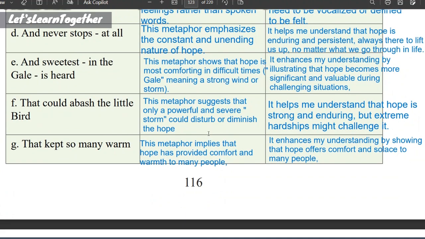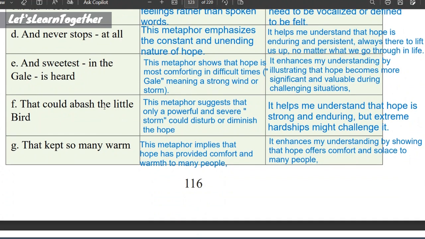The number F is "that could abash the little bird." This means that hope, even though it is something very powerful and not easily challenged or diminished, can be challenged if the storm or the difficult situation is very intense or very dangerous, but still it will remain.